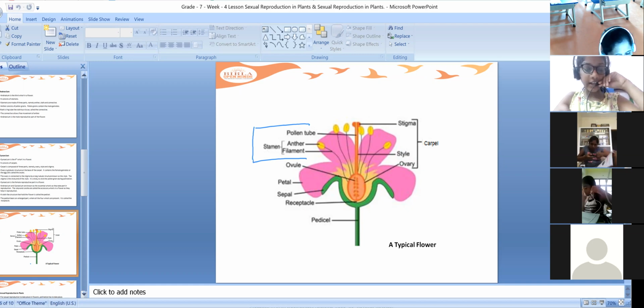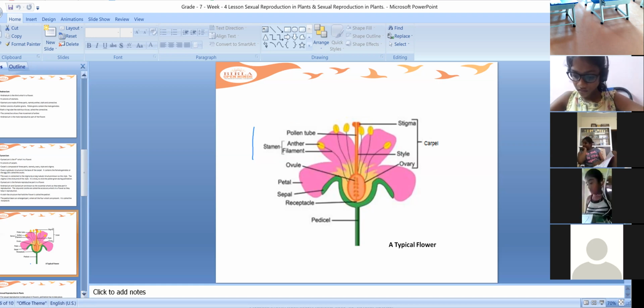Anther contains the pollen grains, and the pollen grains contain the male gamete.